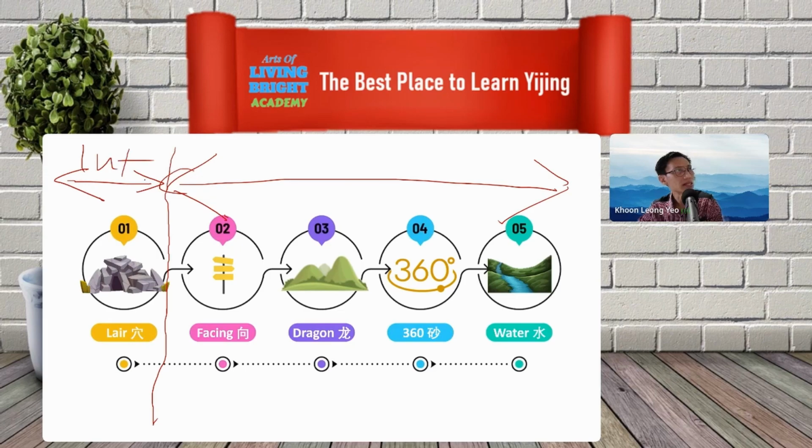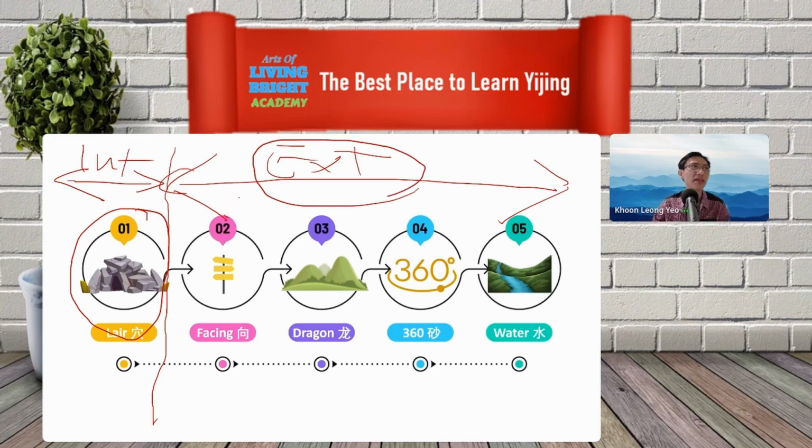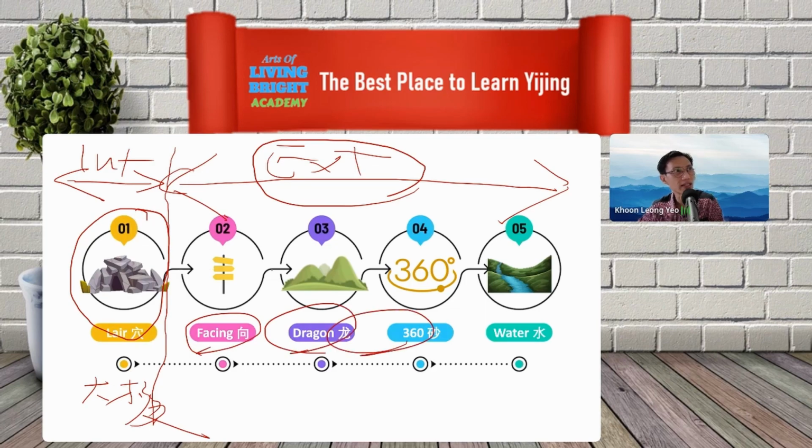This is interior, this is exterior. But without this number 1, the xue, there is no external to talk about. So this is the taiji point, the nest, whereby we establish the facing, the dragon, the 360, and the water, and we read from there. Is that okay, Lin?